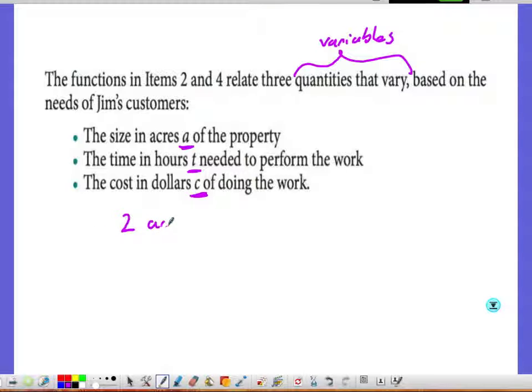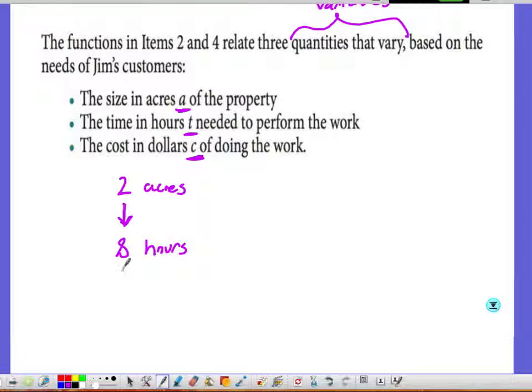ApeCon had 2 acres that we needed to mow. From those 2 acres, we found out it takes 8 hours to mow 2 acres, and from those 8 hours, we calculated the cost to be $190. So step 1 was to convert acres into hours, and then step 2 was to convert hours into cost. And so we had a total of 3 variables: acres, hours, and cost.